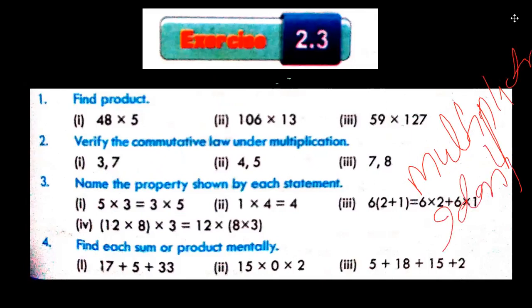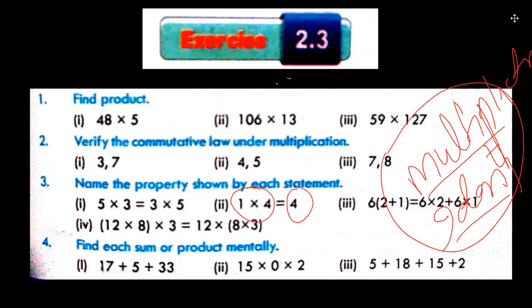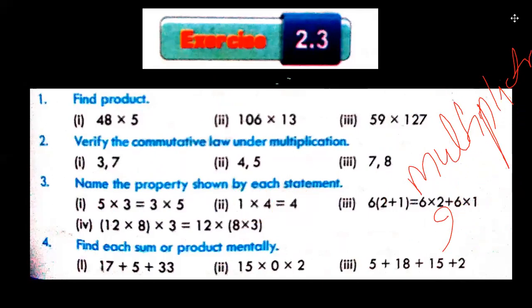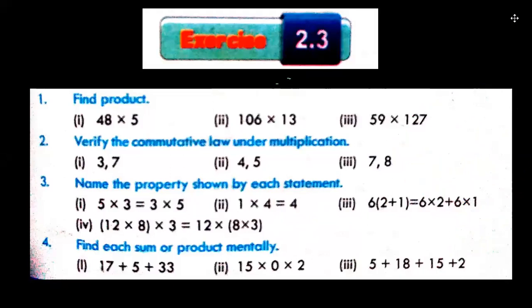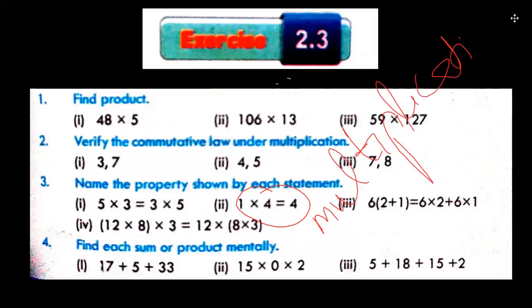Identity means 1 here. And multiplication means when we multiply 1 with a number, we get no change. We get the same. Sir, we will copy this also. Yes, here you just have to write commutative property of addition, and then below it write this. And here what to write? Multiplicative identity.